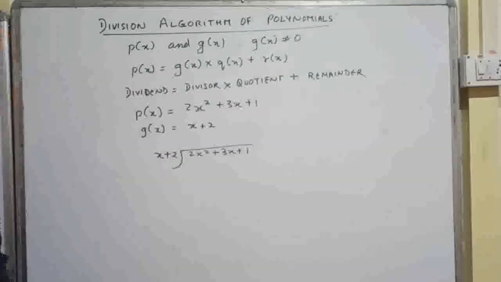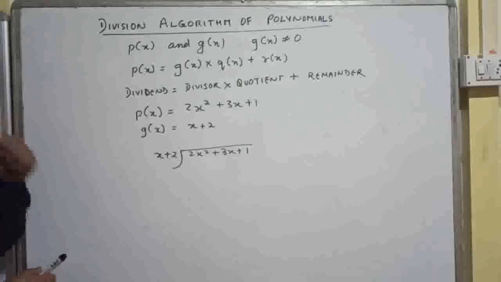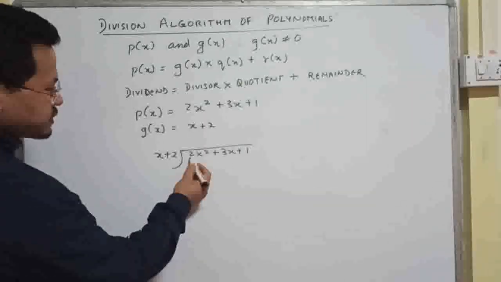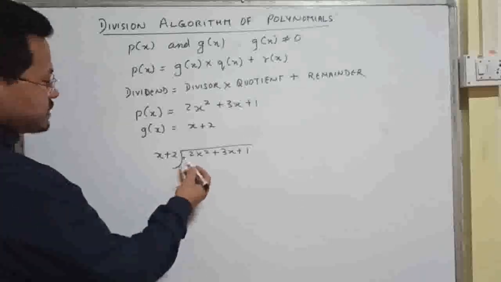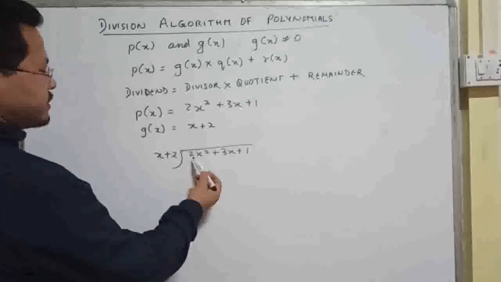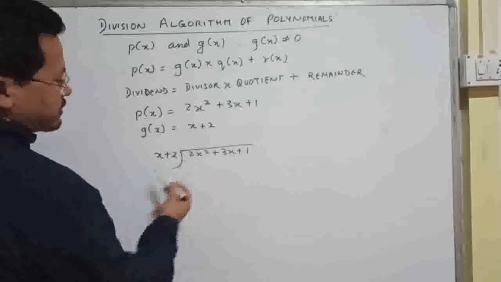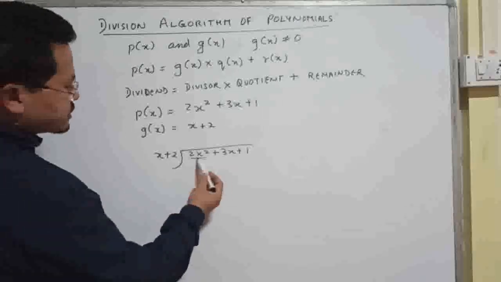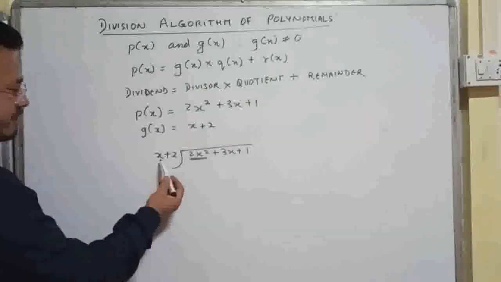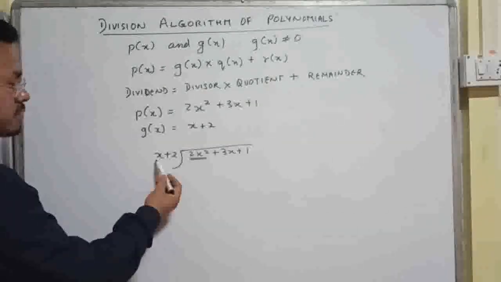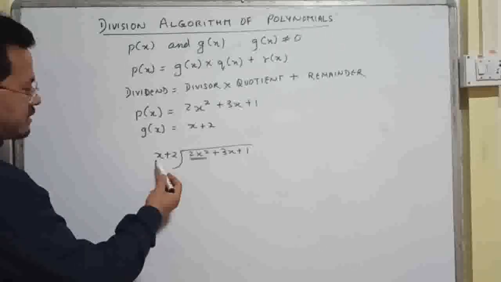So the first step that we need to take care of is the coefficient of x squared, and we always need to divide the term having the highest power. In this case 2x squared has the highest power, and in the divisor we need to look into the term having the highest power.